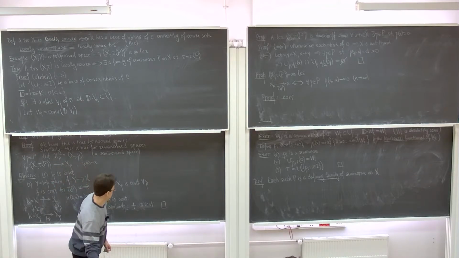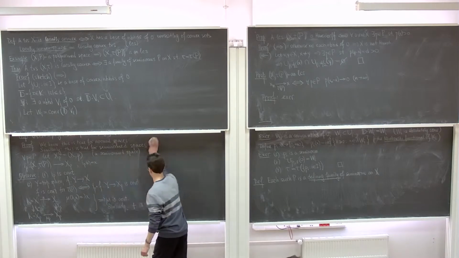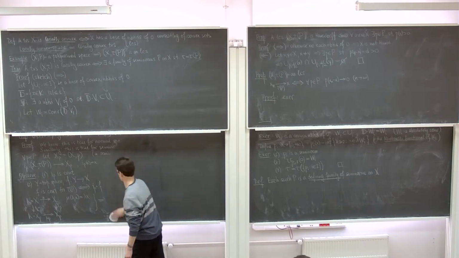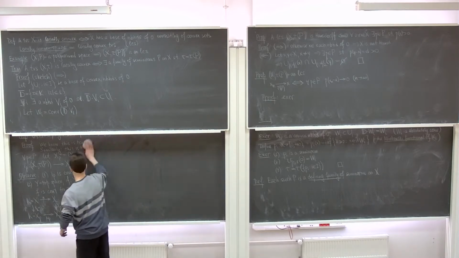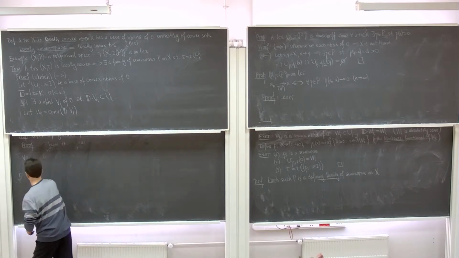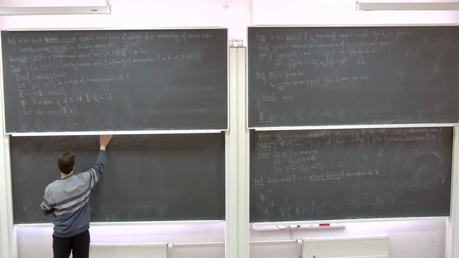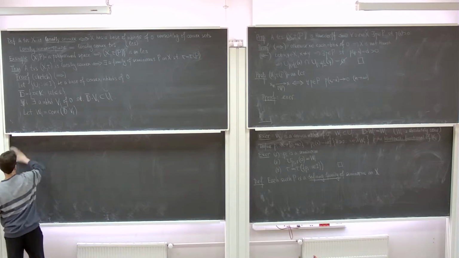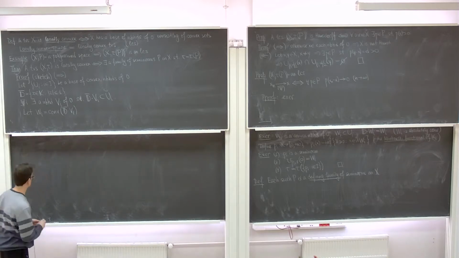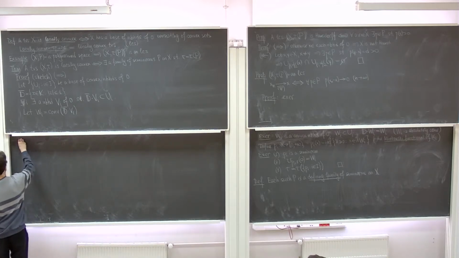Well, in conclusion, let's look at some concrete examples of locally convex spaces. Example 1.